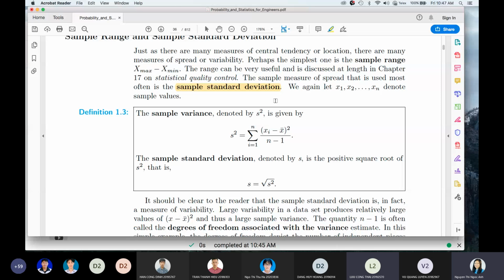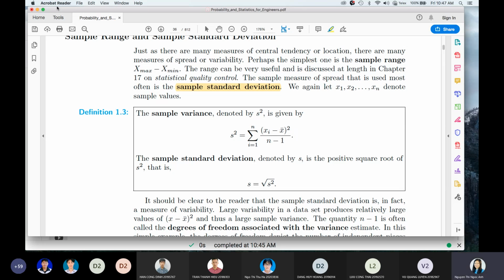Sample standard deviation. I often use a preview, however, it's locked, so I can't do it. Here's the definition of sample variance.